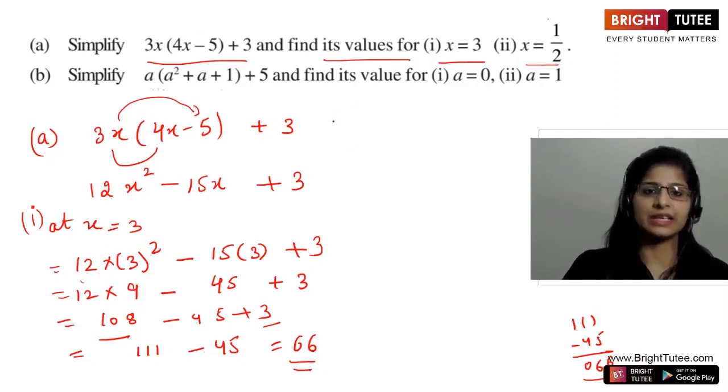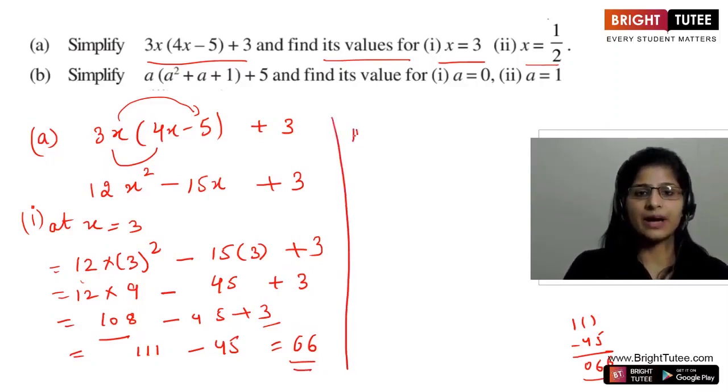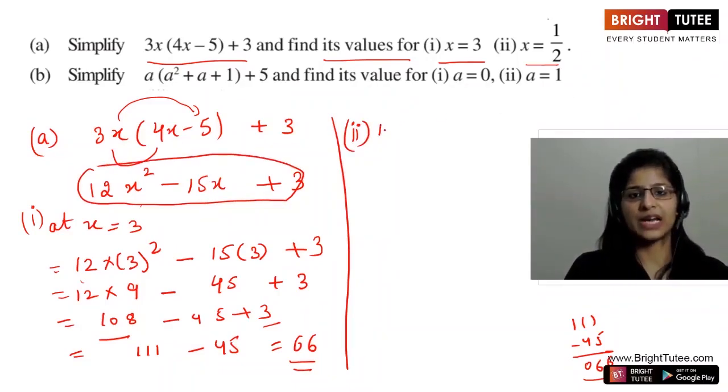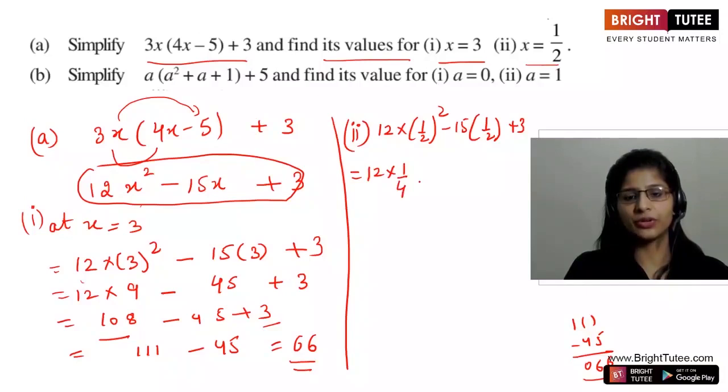Now we are left with the second part. In the second part, in the simplified expression, that means this, we have to put x as equal to half. So we will write 12 into (1 upon 2) whole square minus 15 into 1 upon 2 plus 3. Now 12 into 1 upon 4 minus 15 upon 2 plus 3. So 4 3s are 12.